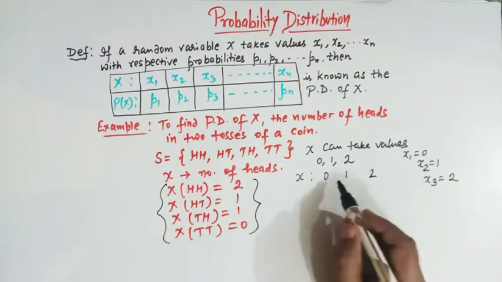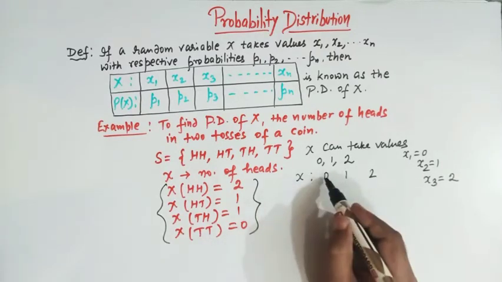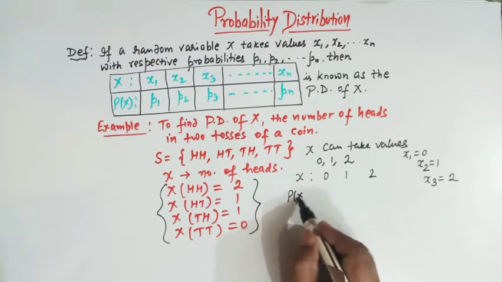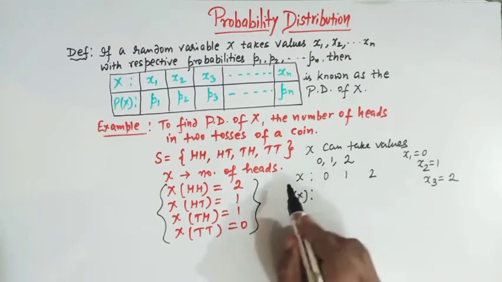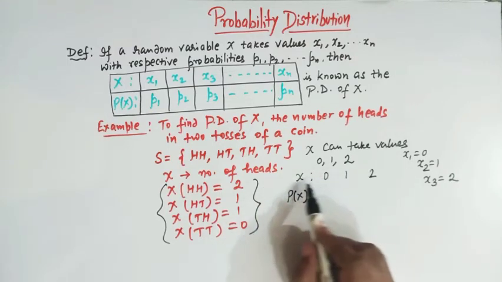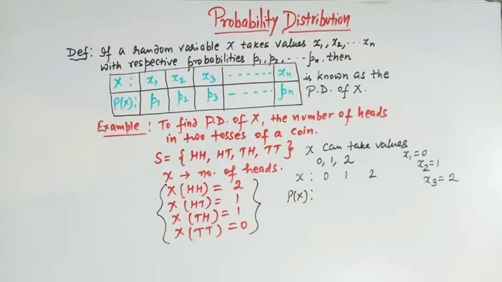And now we have to find the corresponding probability for the different values of the random variable.